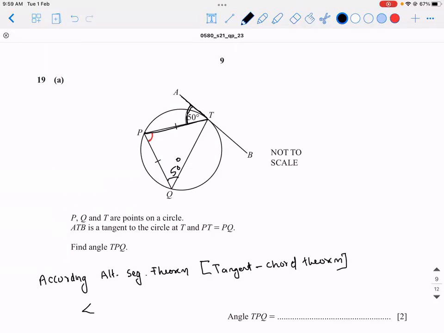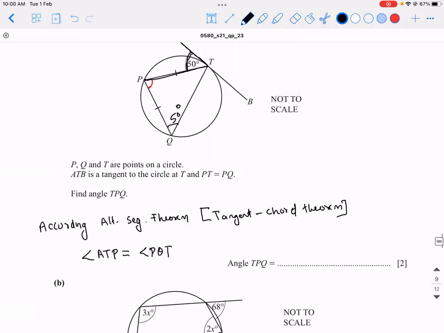Angle ATP is exactly equal to angle PQT. And it is also given that PT is exactly equal to PQ.